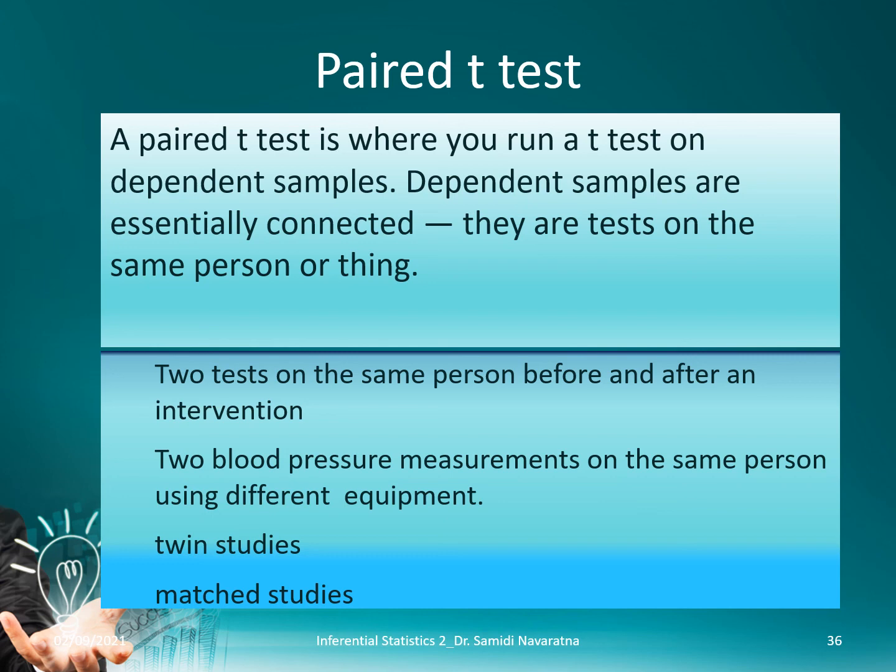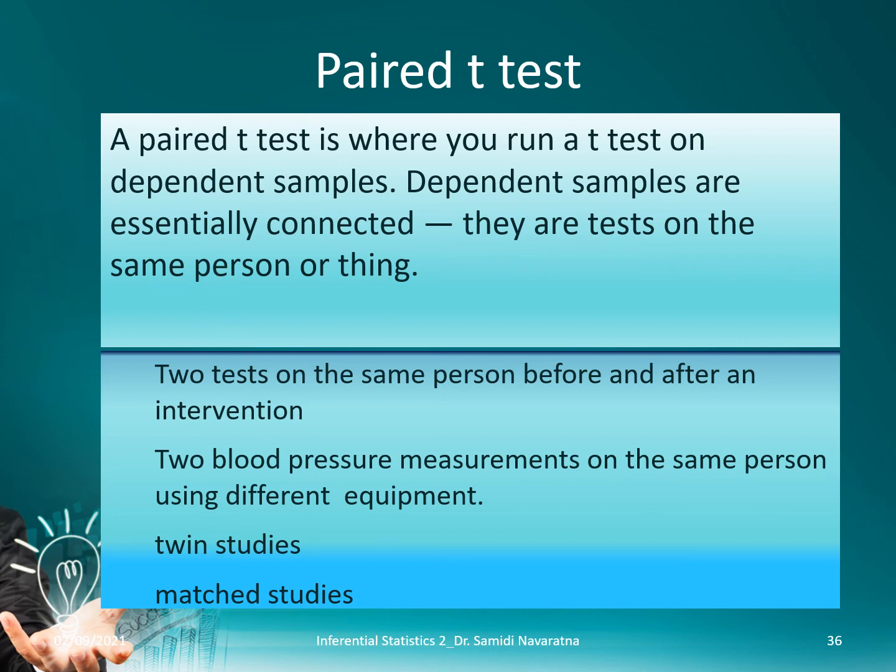So in other words, the samples are dependent. A paired t-test is where you run a t-test on dependent samples. Dependent samples are essentially connected. They are tests on the same person or thing.